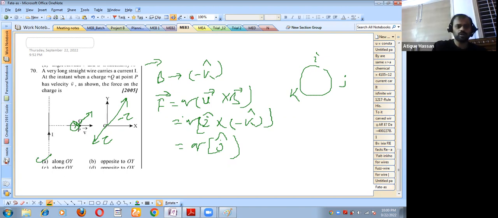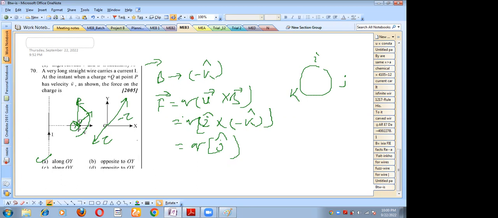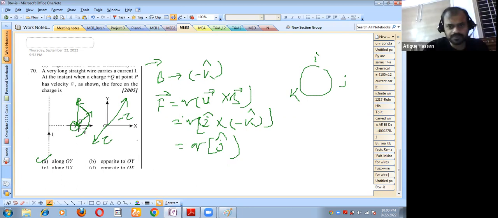Or you can also see from the right hand rule, moving from V to B, QV cross B will be along this direction. But it is minus K, right? Yes, minus minus plus will be right.